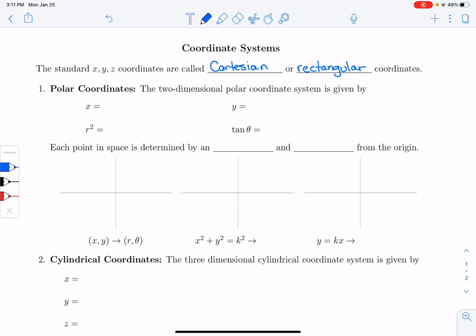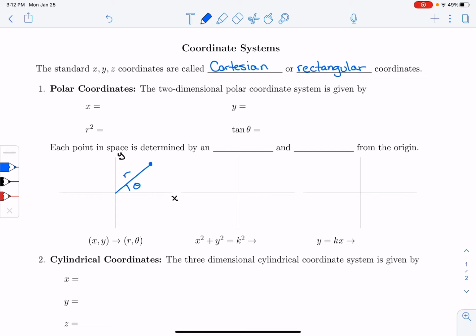So for polar coordinates, we're going to locate a point in the xy plane, say this xy plane, and that point we're going to locate by the distance from the origin, which we will call r, and then an angle from the x-axis, which we will call theta.